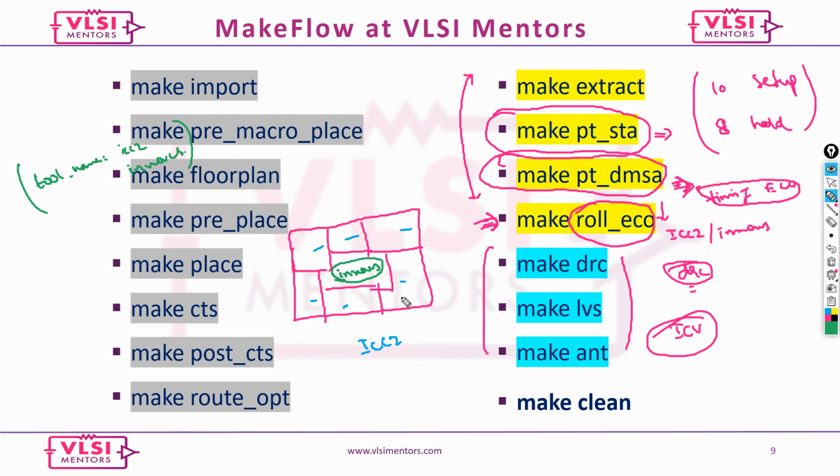So the flow has to be flexible. When you are writing a flow, it should be flexible in deciding the tool that you want to use for your implementation. Say for today, I have ICV with me and I'm using this ICV, but tomorrow let's say I have Calibre. Now I just have to make a very minimal change to use the same thing.